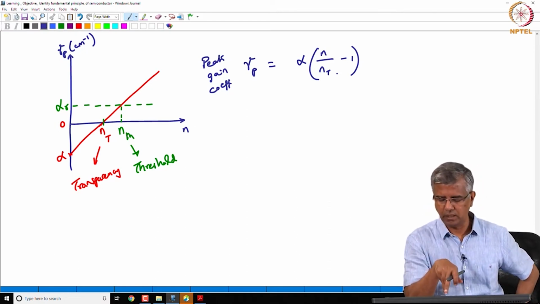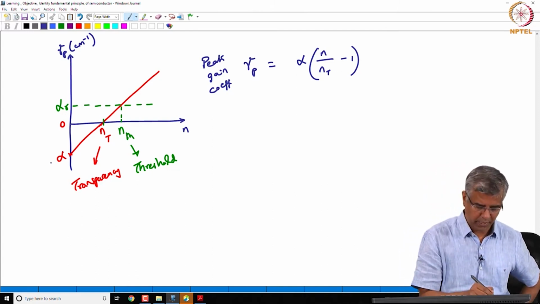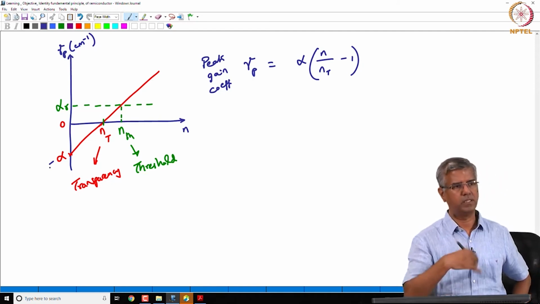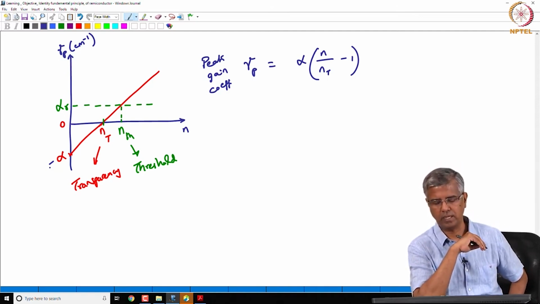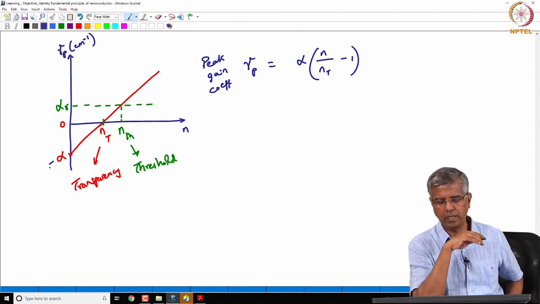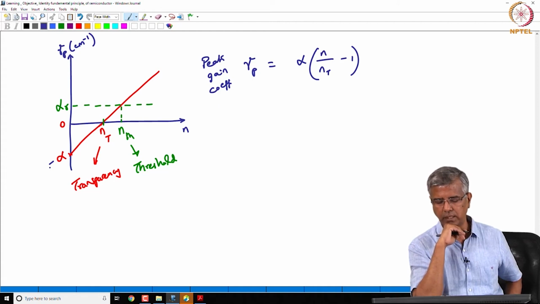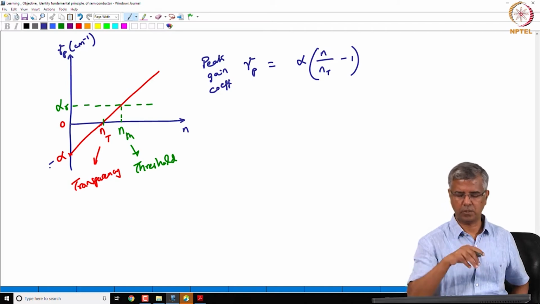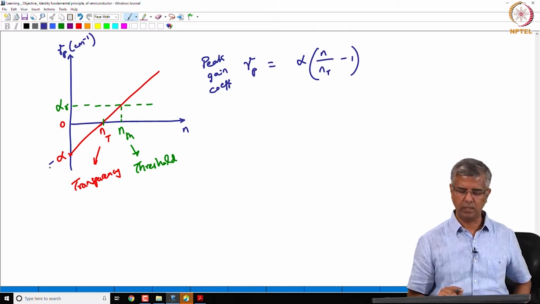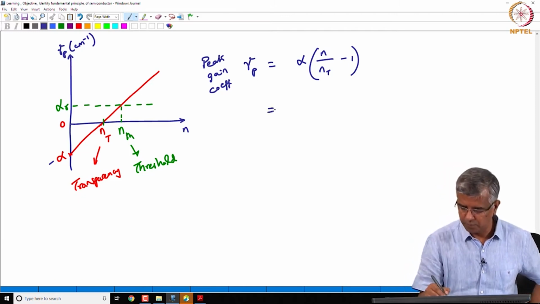Let us just quickly check. When n equal to 0, gamma p is equal to minus alpha, right. So, this is negative gain, corresponding to minus alpha, and when n equal to nt, that is the transparency density, then gamma p equal to 0, right. That is just a quick check to see that this indeed corresponds to the equation of that line.